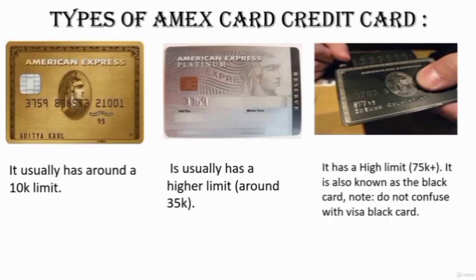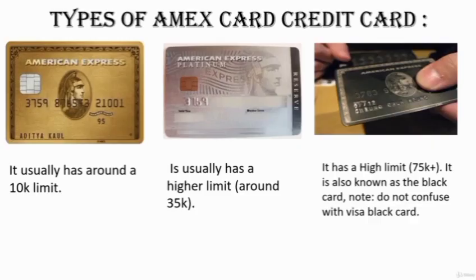So coming to another type of credit card, which is Amex card. The full form of Amex is American Express. The first image is of Gold American Express. It has a 10k limit. Then comes the Platinum. It has a 35k limit.